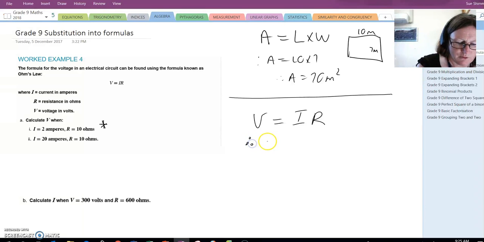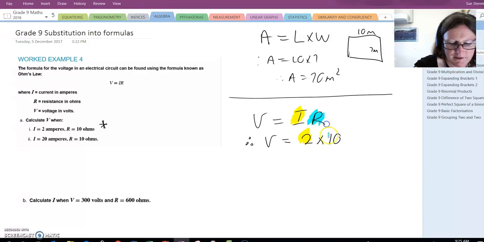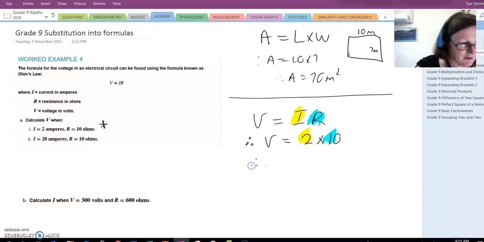So what we do, we want to find V. We are told that I is 2 and we are told that R is 10. So we substitute those in. So I'm told that I is 2 and I'm told that R is 10. So I just substitute those into the formula and then I work out that the voltage is 20 volts.